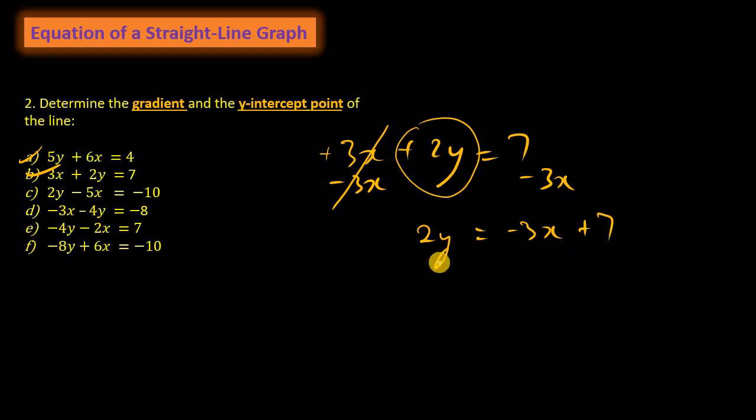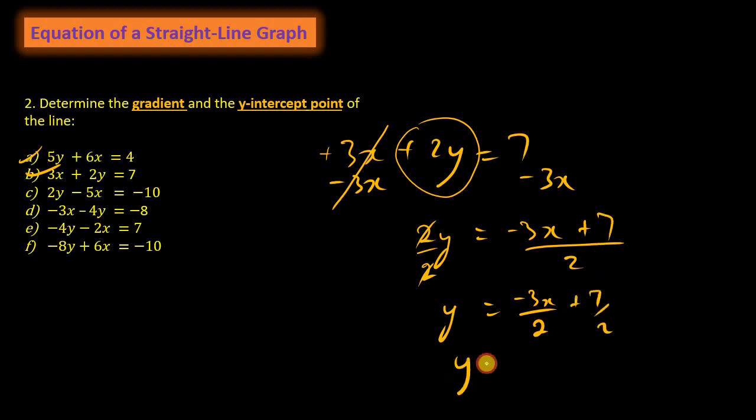And on the right hand side now, we have the negative 3x, and the 7 is a plus 7. So now we need to get rid of this 2 that multiplies to the left of y. And we do that by dividing both sides by 2. This in fact gives us the 1y, which we're looking for. This over here will be negative 3x divided by 2. Then to put back the plus sign, and the 7 also divides by 2. So now it's in the form of y equals mx plus c.